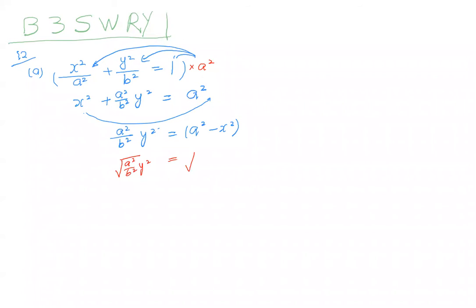So at the end, I got a over b times y is equal to square root of a squared minus x squared. So my y will be equal to b over a square root of a squared minus x squared.